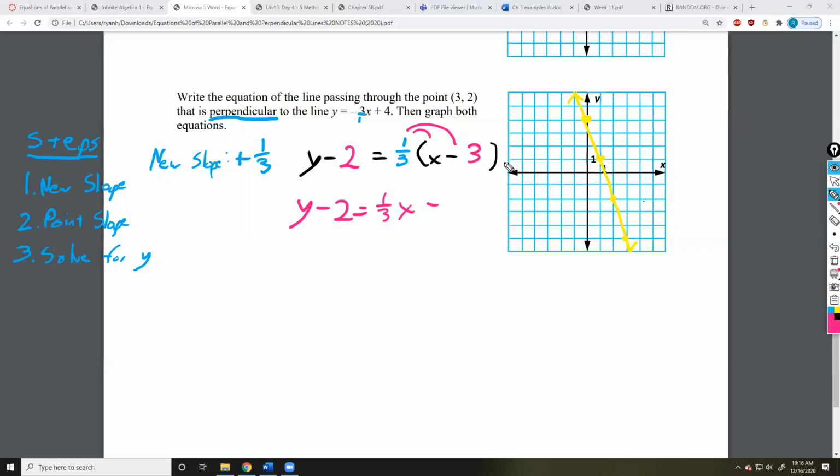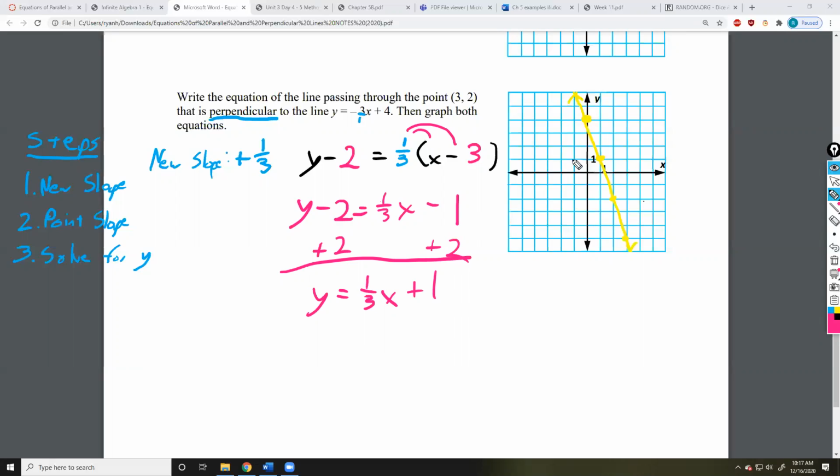A third of 3, if I have 3 things and I get a third of them, then I get one of them. 1 out of the 3. So then all I need to do is to add 2 to both sides to get rid of the subtraction so that y is by itself. Again, we're solving for y so that it's easier to make a graph.